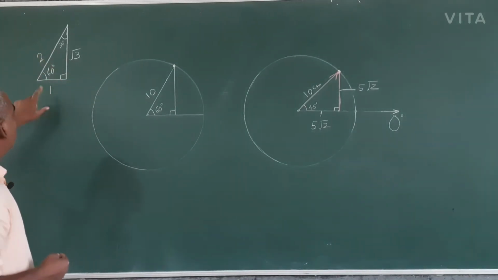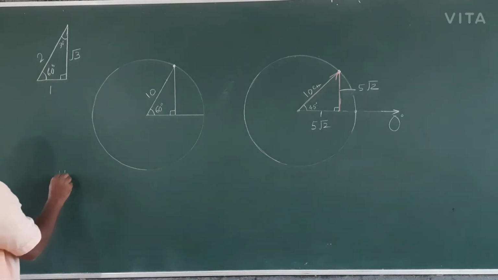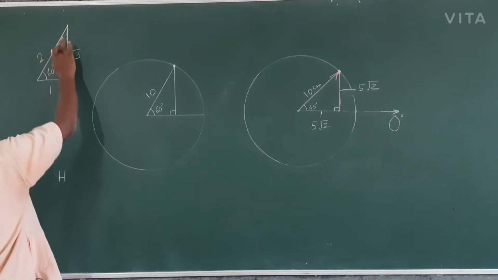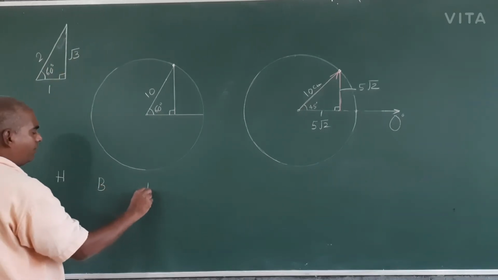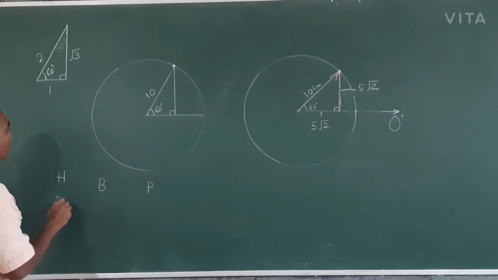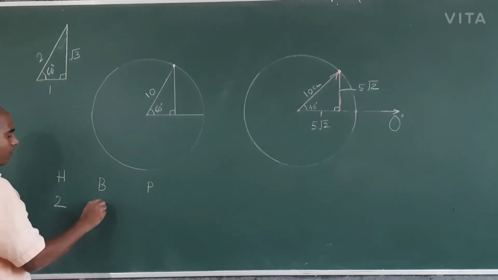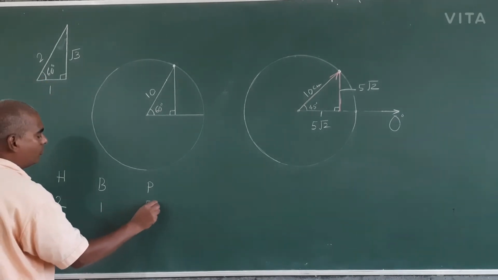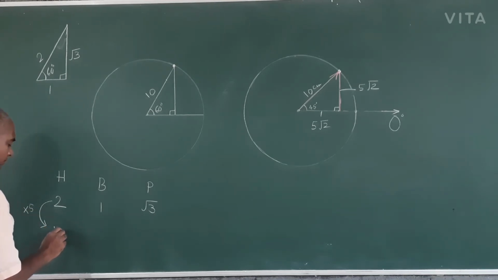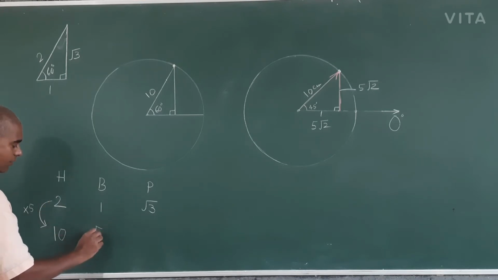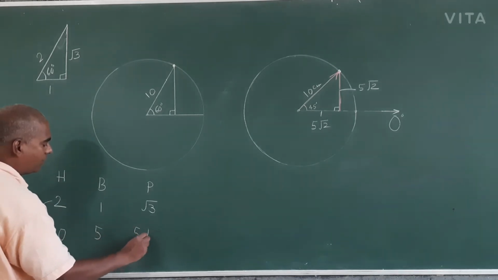So the ratio, the hypotenuse, and let me talk about only 60 degree here. So base and perpendicular: hypotenuse is 2, base is 1, and perpendicular is root 3. If you have multiplied hypotenuse 2 by 5, this is 10 multiplied by 5 here, 5, and this will be 5 root 3.